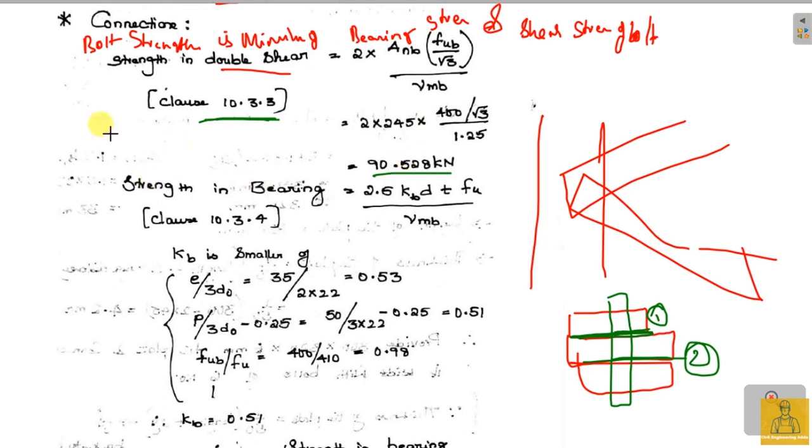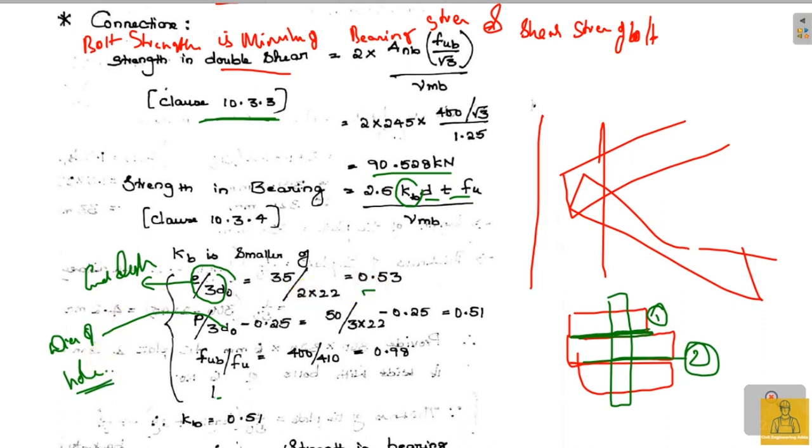Next, bearing strength. Strength in bearing is given by this equation: 2.5 kb Fu into d into t by gamma mb. So you know what is kb? Kb is the minimum of e by 3d naught, or p by 3d naught minus 0.25, or Fub by Fu, or 1. What is e? e is the end distance and d naught is the dia of hole, bolt hole, which is equal to 22.